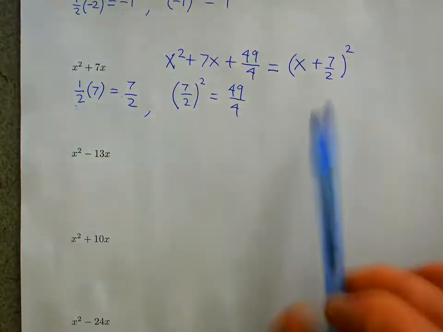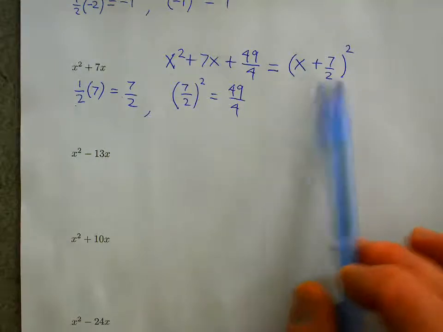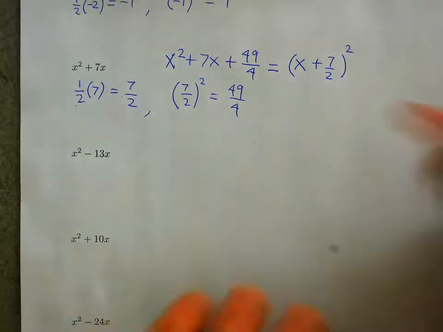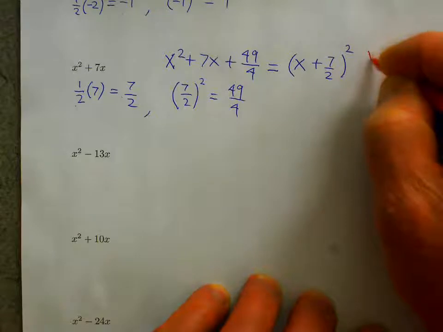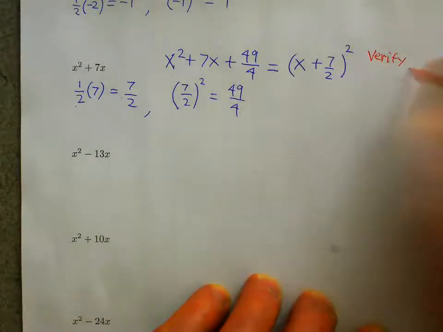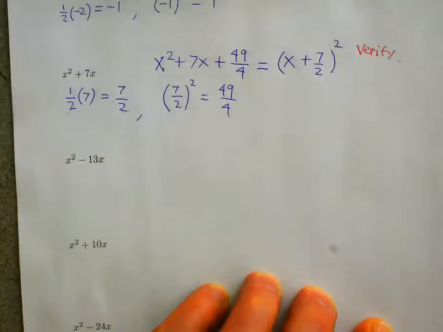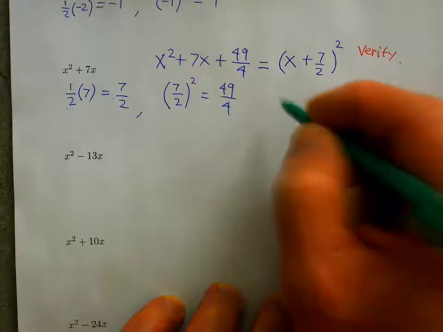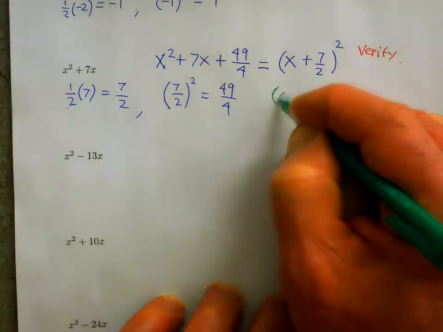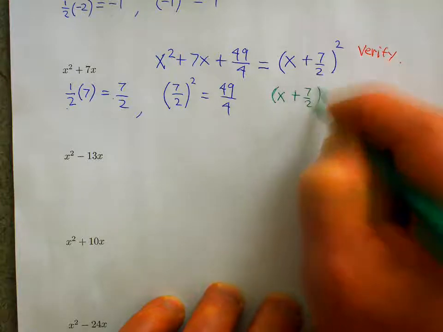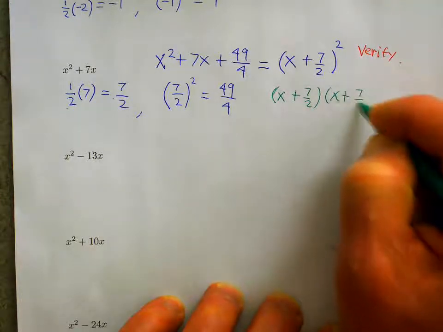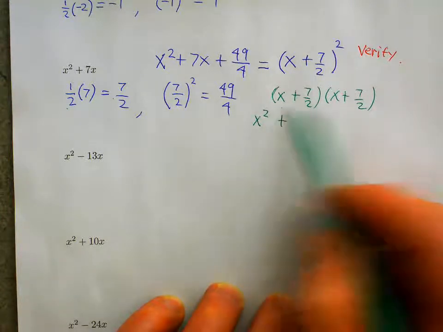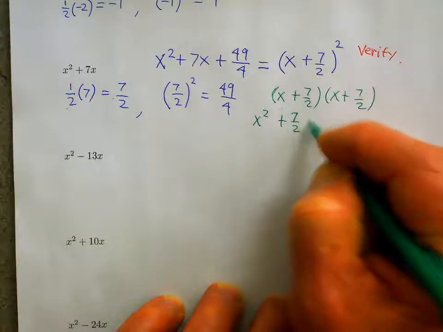You can always verify by multiplying that you have the correct binomial squared. So why don't we do that? If you're ever in doubt, you can always check your work. So verify. So we multiply x plus 7/2 times x plus 7/2. So x times x is x squared, and then plus x times 7/2 is plus 7/2 x.